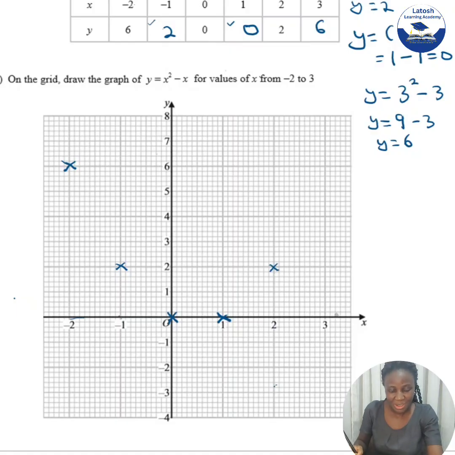Good. When x is 3, our y is 6. This is x equals 3, and we trace it up to where y is 6. Now we have marked all the points. It is time for us to draw the curve.